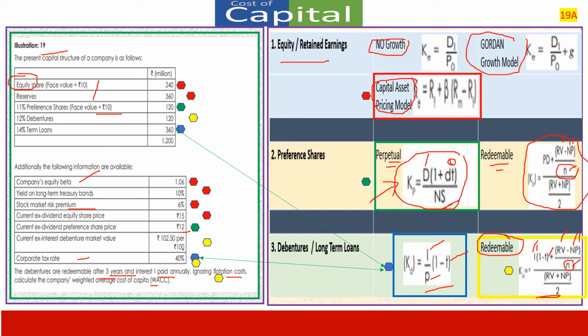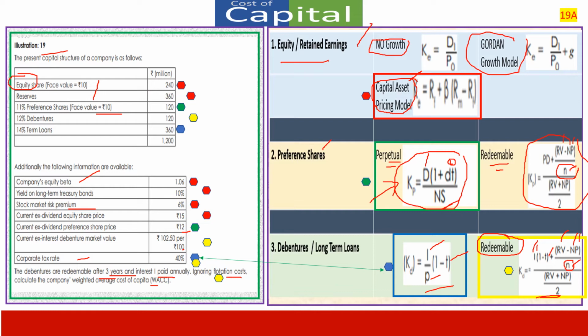Therefore, in this problem, four modes of finance: equity and retained earnings using capital asset pricing, preference shares using the perpetual module based on the details given but presuming dividend tax to be zero. Third, we have redeemable debentures, which we are using the formula where the duration of the debentures is given.